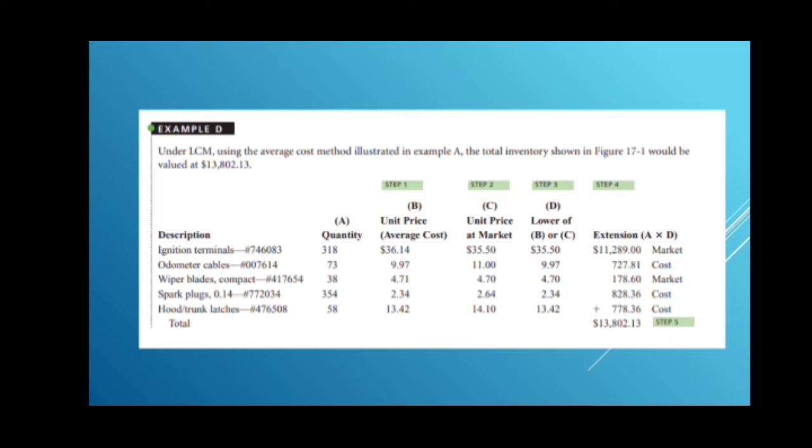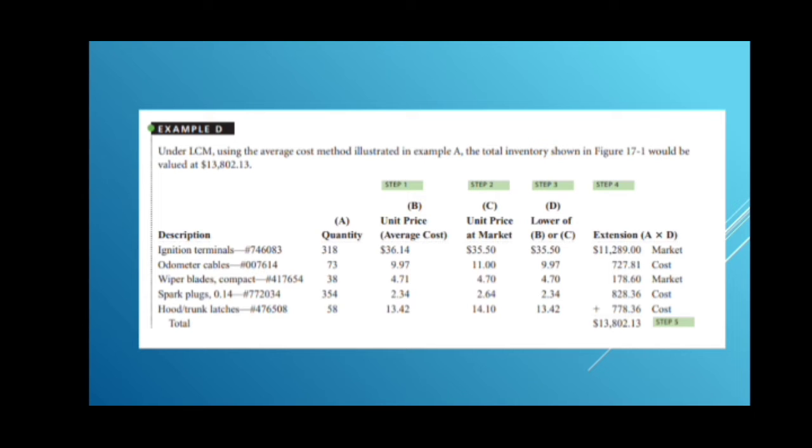So, in example D, the average costing method is used. The first column is the list of the products or the description. Then the second column, A, is the list of the quantity of each product.